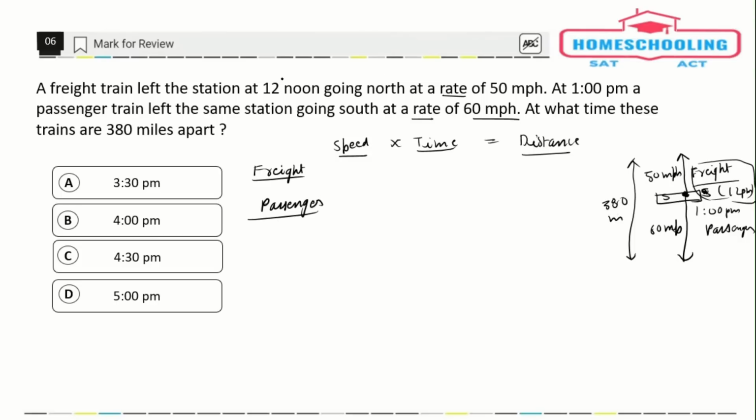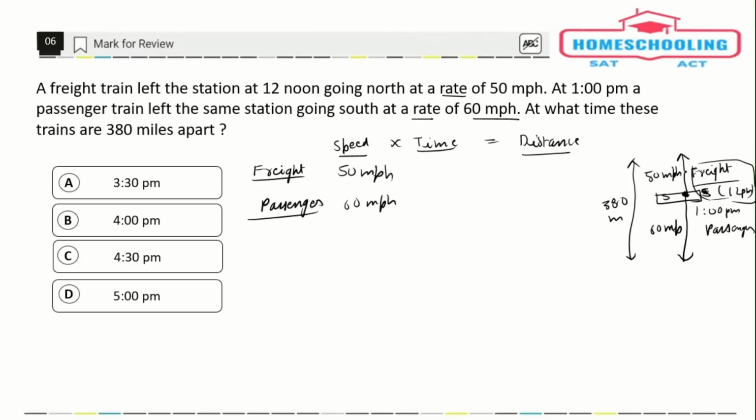Now we are going to put all the data here. The freight train traveled from 12 noon at a rate of 50 miles per hour, and the passenger train speed is 60 miles per hour.